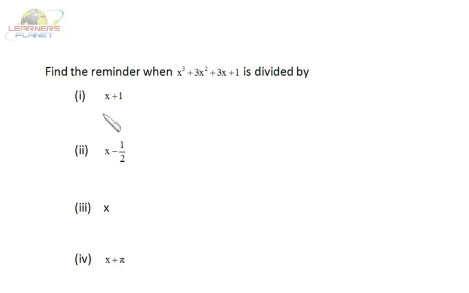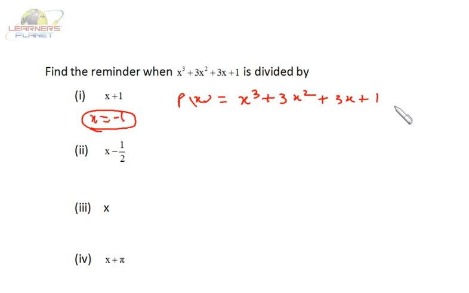So if x plus 1 is 0, x is equal to minus 1. So suppose p(x) is x cube plus 3x square plus 3x plus 1. Now what will be the remainder if this expression is divided by x plus 1? Let's calculate p(minus 1).